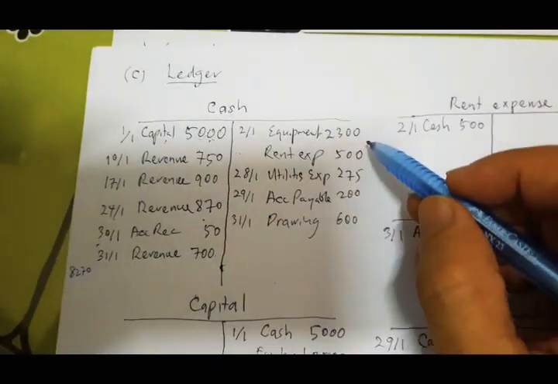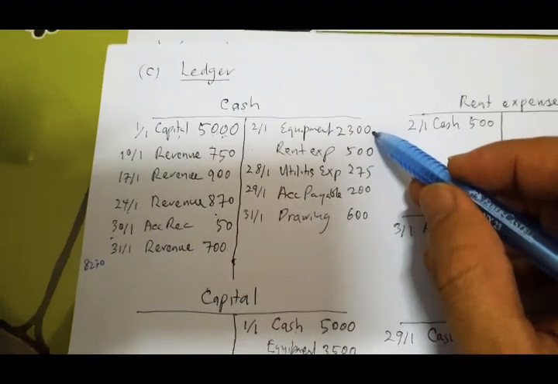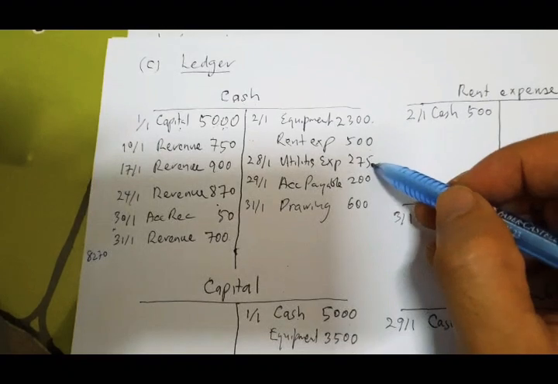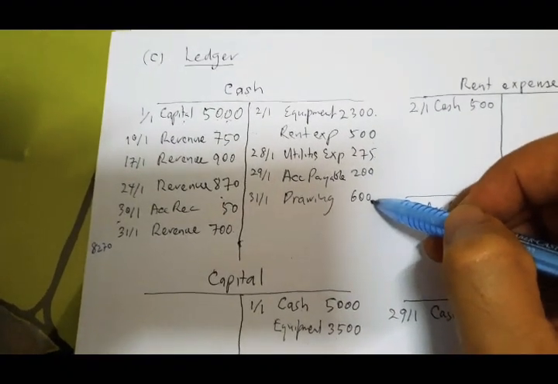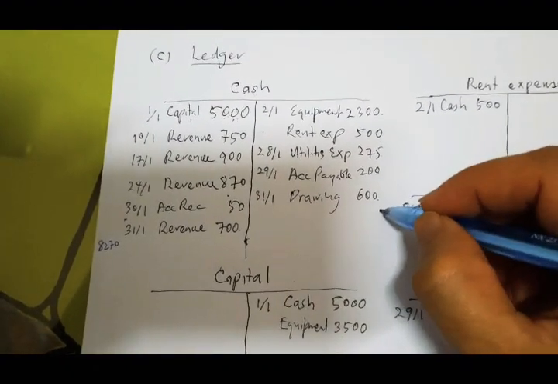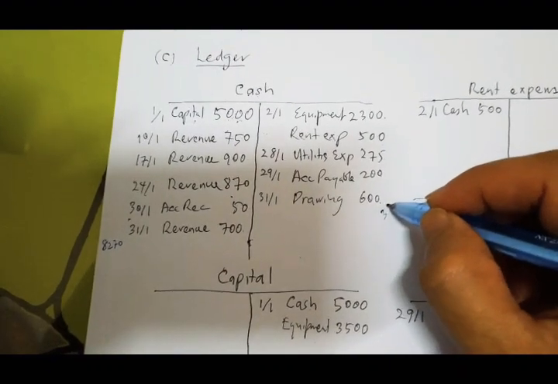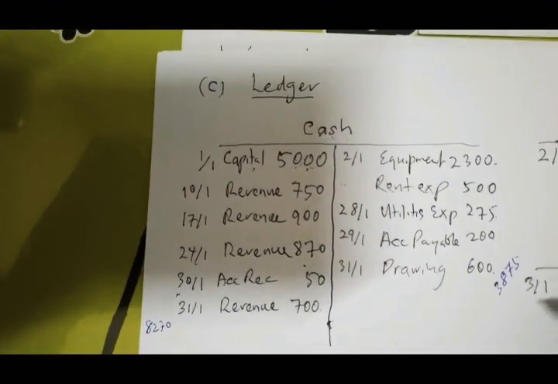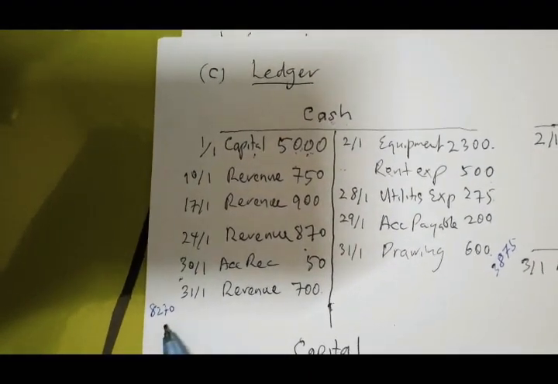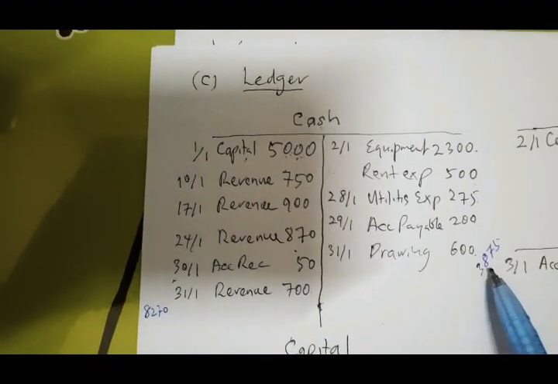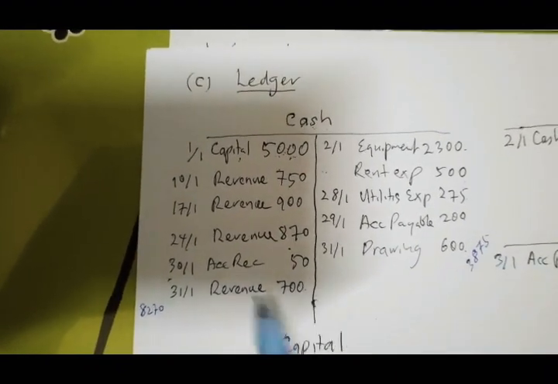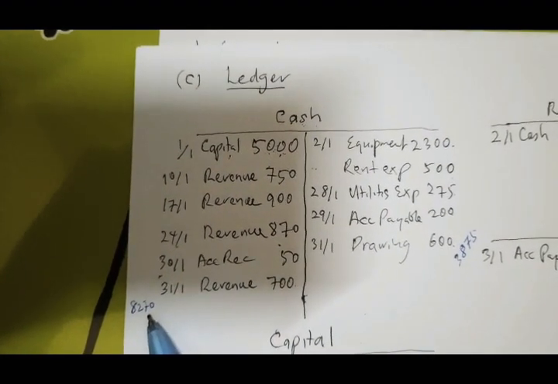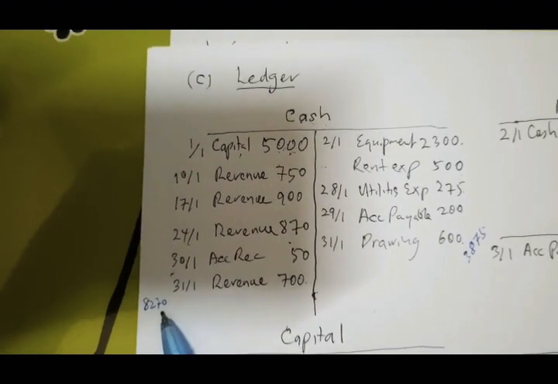At the same time you have to calculate the total of the amounts in the credit side. This number plus this number plus this number plus this number plus this number. You will see that the total is 3875. Now you have two numbers, here 8270, here 3875. You choose the highest number, which in this sample question is 8270.